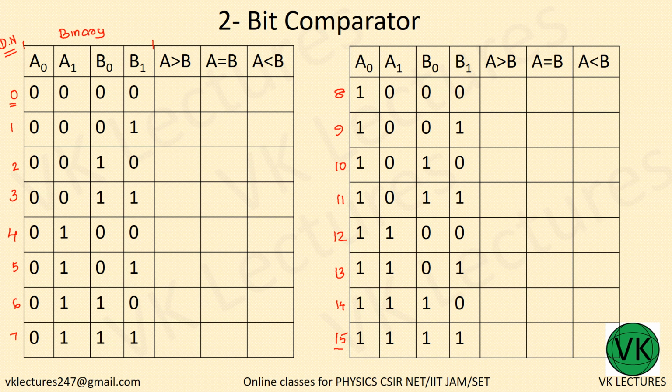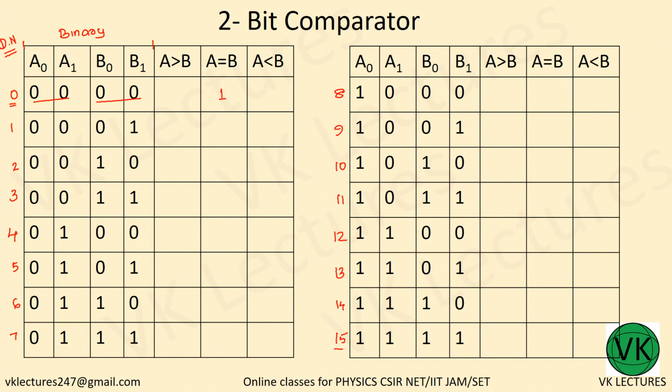Okay. Now, a greater than b, a equal to b, a less than b. So these are the 3 conditions that we have. Now let us look into the first one, a0 a1. So this is 0, 0 and 0, 0. Where does it go? 0, 0 means 0. So it goes to a equal to b. Right. Now 0, 0, 0, 1.